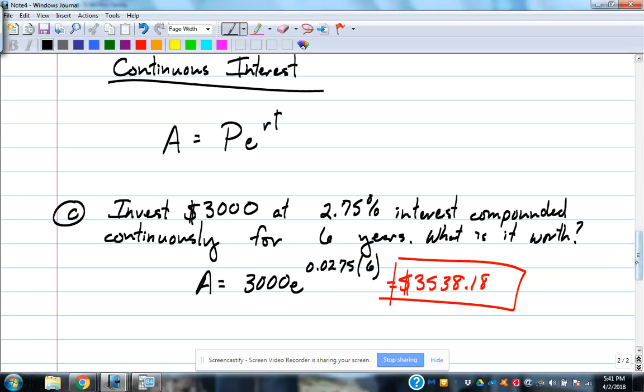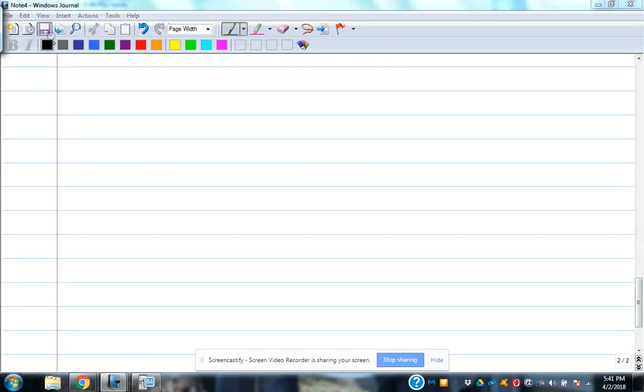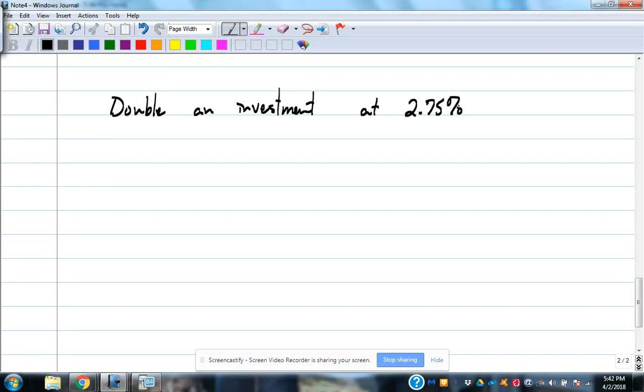Let's look at one last thing in this section, and that's what if you want to double an investment? How long would it take you to double an investment at 2.75% continuous interest?